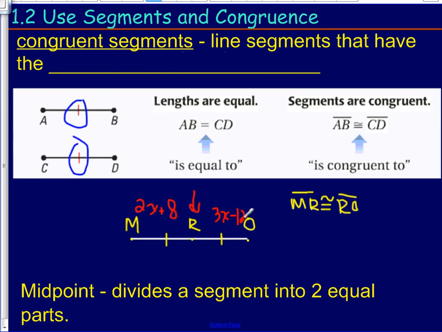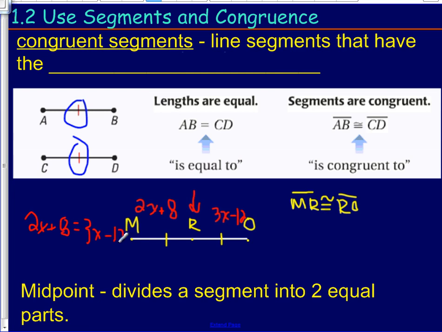And I can then set these two equations equal to each other. I could say 2x plus 8 equals 3x plus 12. Or minus 12, excuse me.